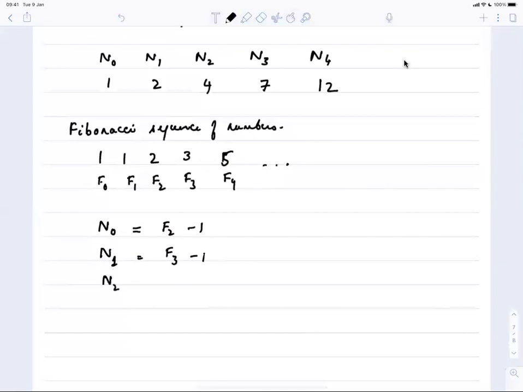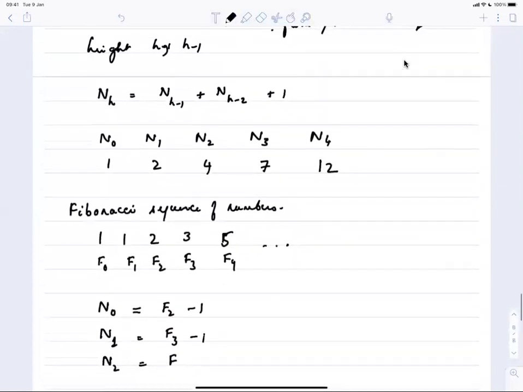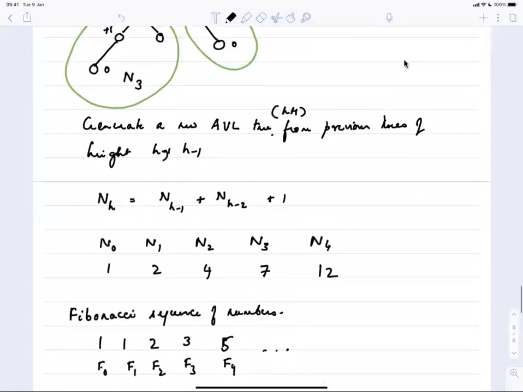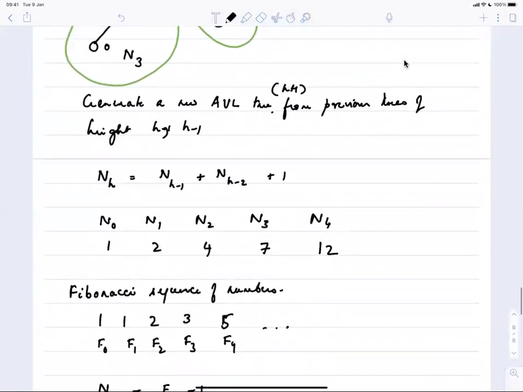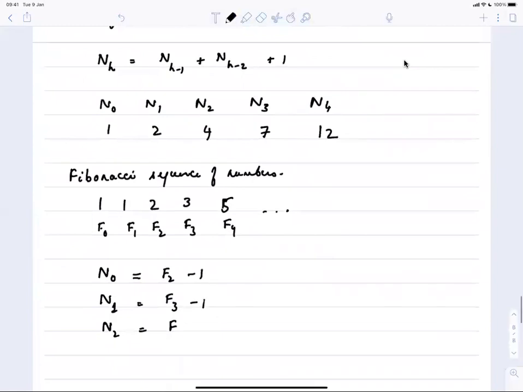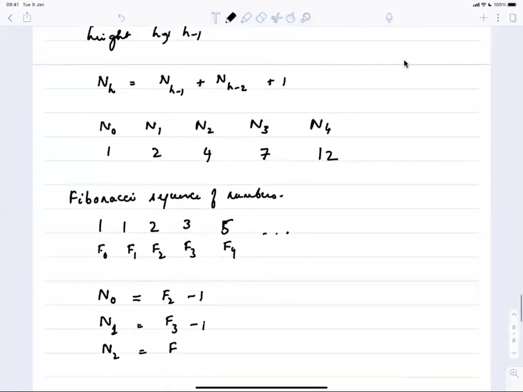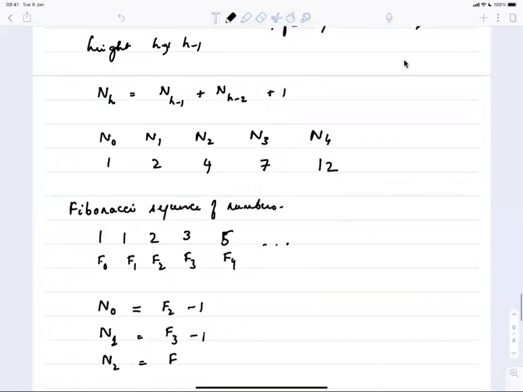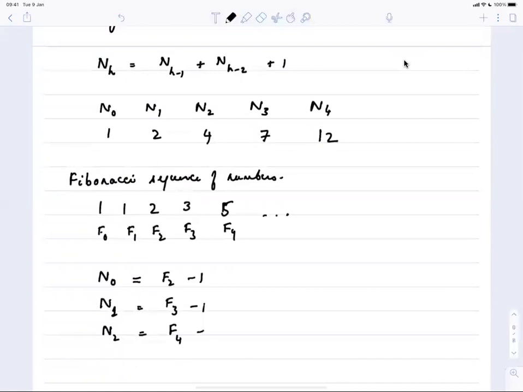Similarly, N2 is 4 minus 1, 3, and N0 is F2 minus 1, and N2 is F4 minus 1, and so on.